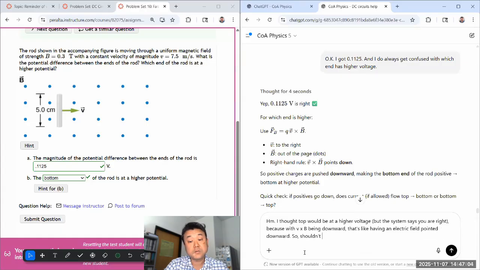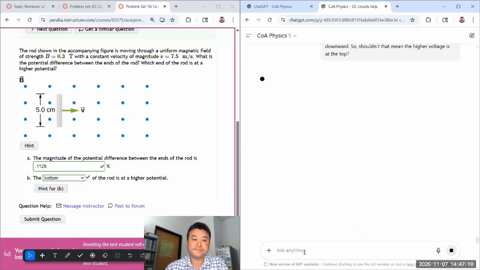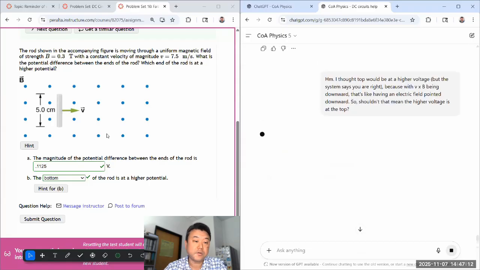So shouldn't that mean the higher voltage is at the top? Maybe. At least, if I'm trying to replace this magnetic field with a voltage source, I would have to set it up so that the top is at a higher voltage to drive the current downward. At least that's my rationale.